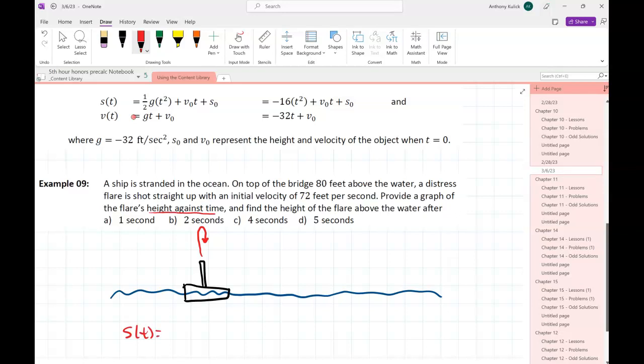According to my definition up here, that is negative 16t squared plus the initial velocity times t plus the initial height. Everybody's okay with that?